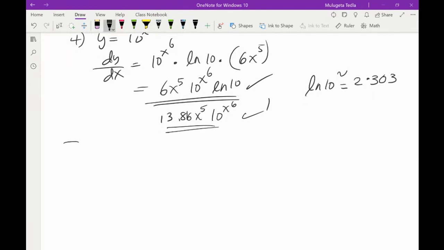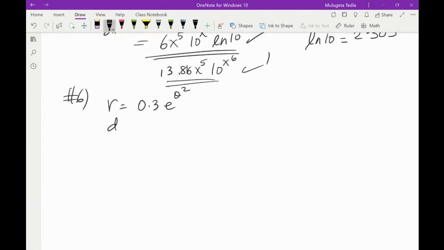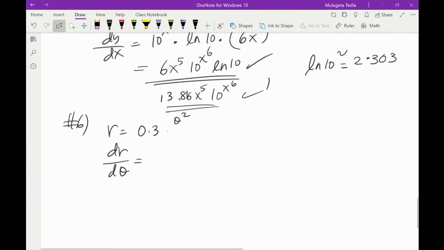So number 6, we have r equal to 0.3 e to the theta squared. So dr by d theta is, of course, this is e. The base is e, so there is no ln at all. That will not appear.